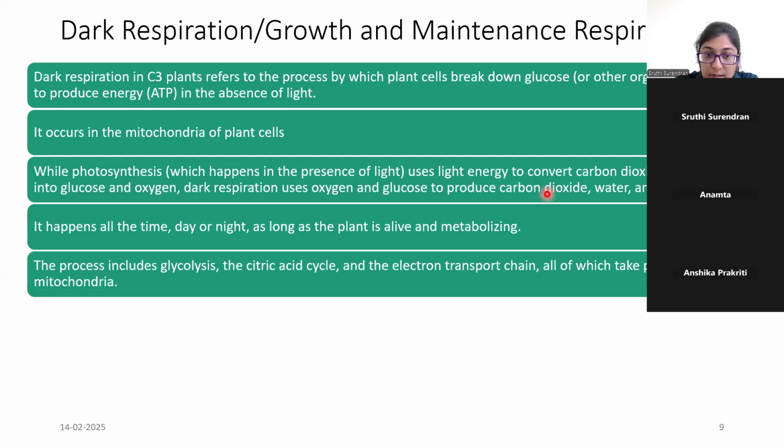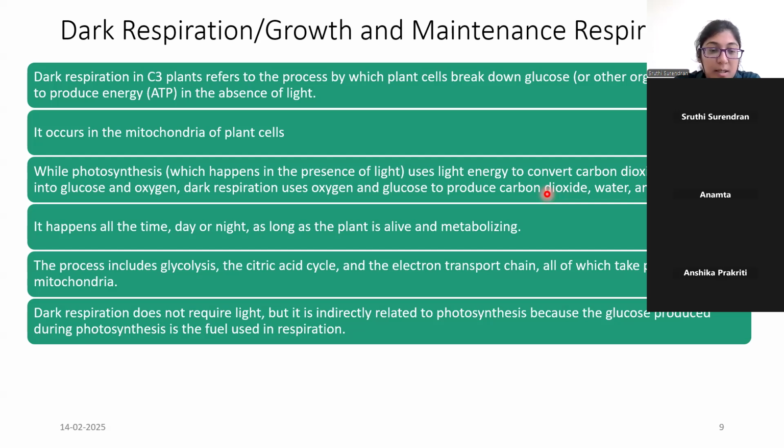First is glycolysis, then the citric acid cycle, and next is the electron transport chain. We will not be going into the details of all the reactions, but this is just to familiarize you with dark respiration so that you're able to compartmentalize photorespiration and dark respiration and not get confused with them.